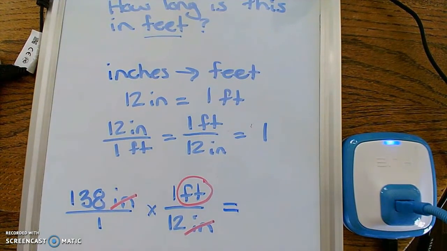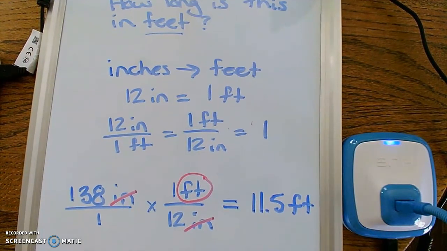The next step would be to divide our 138 by 12. Should have done that before I got on this video, but I'll just quickly type it into my calculator. 138 divided by 12 is 11.5. And that would be our answer.